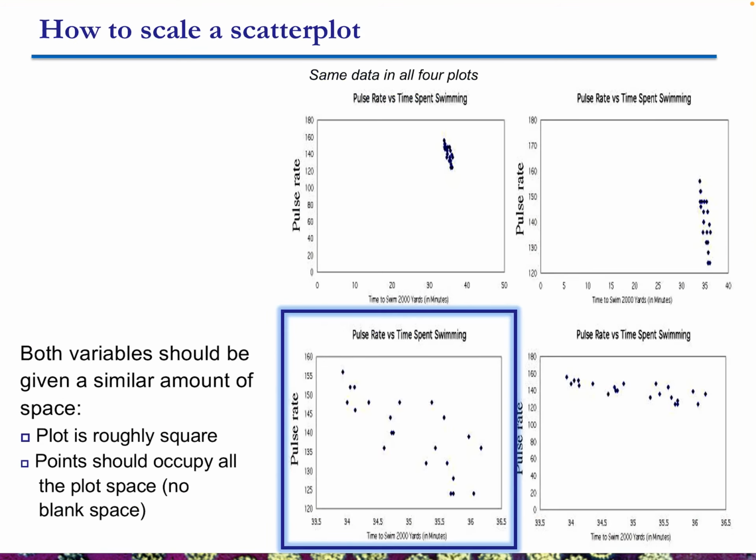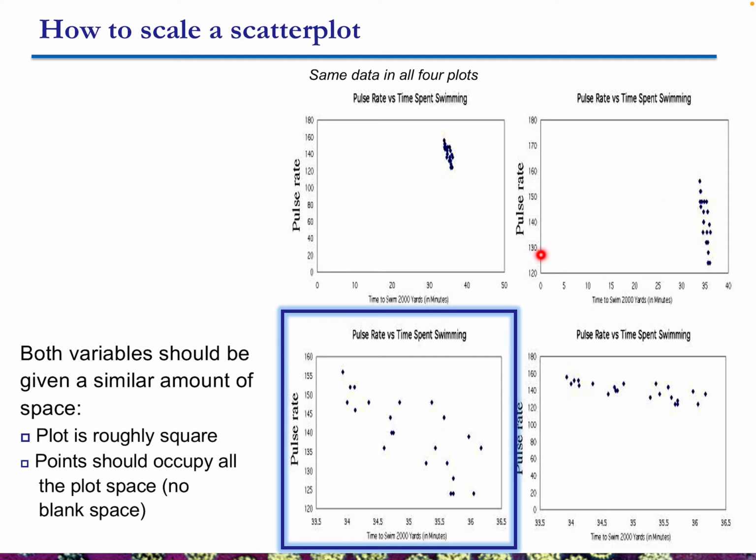Okay, let's talk about scaling of scatter plots. So here you see 4 different scatter plots. They're all actually presenting the same data. You see we have pulse rate versus time spent swimming. So we have time to swim 2,000 yards on the x-axis and our pulse rate. So first of all, you can see that this one has the scaling as such, 0 to 50 minutes and 0 to 180 pulse rate, that all the data is scrunched up into this small area here and you can't really make heads or tails of it.